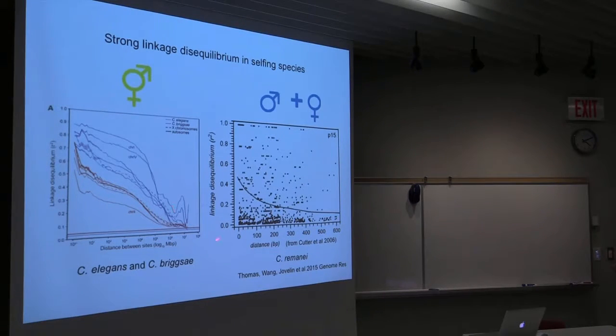In the selfing species, C. elegans and C. briggsae, for which we looked at variation across the genome, there are very large haplotype blocks on the order of kilobases or even megabases within chromosomes. If we compare that with an outcrossing species, again with males and females, the linkage disequilibrium decays very rapidly, on the order of hundreds of base pairs.